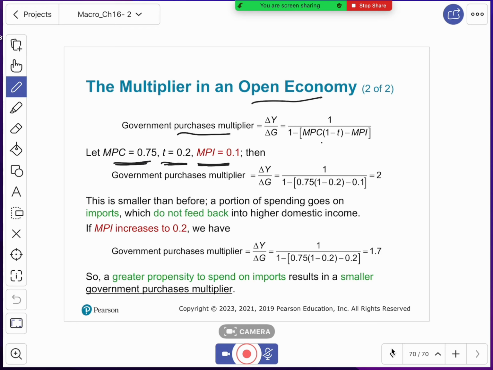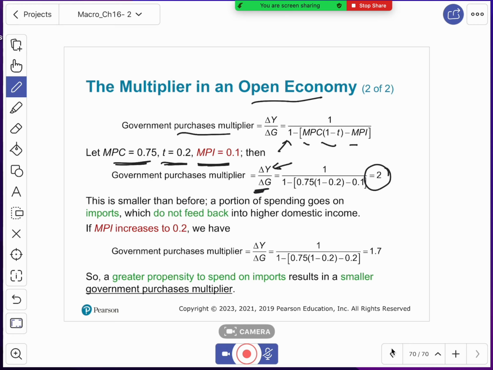So you have 1 minus 0.2 times 0.75 minus the 0.1, and I have a 1 outside, right? So this one would give us 2 as a multiplier. So for each $1 increase in government spending, the real GDP would be doubled.